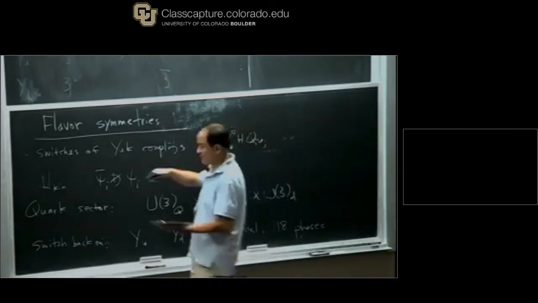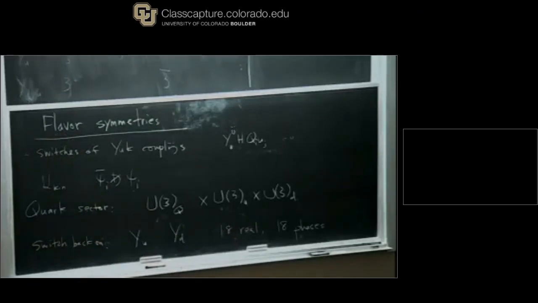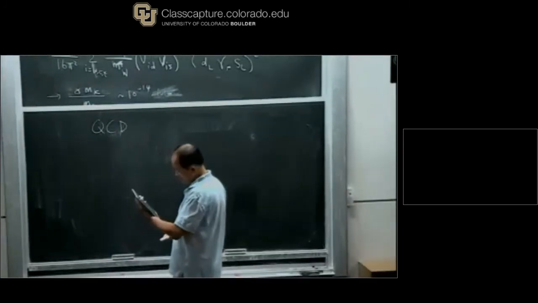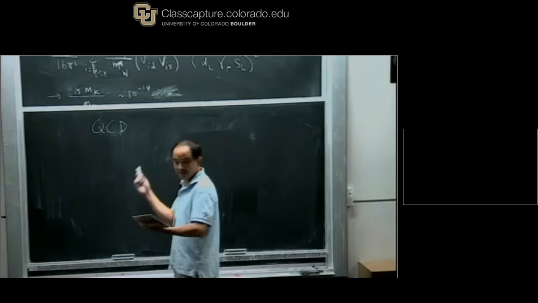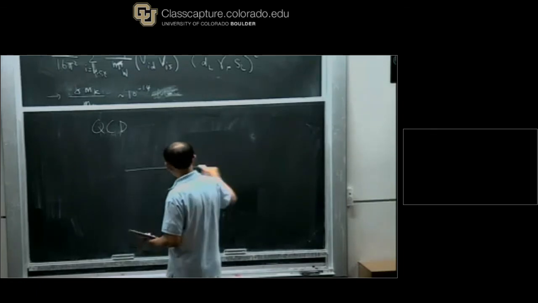Let me just tell you what I'm going to do next. Next time we'll begin by talking a little bit about QCD, the theory of strong interactions, and its SU(3) gauge theory with vector-like quarks and so on.